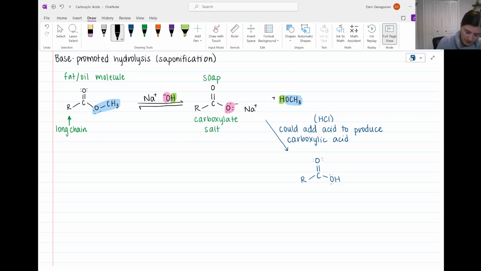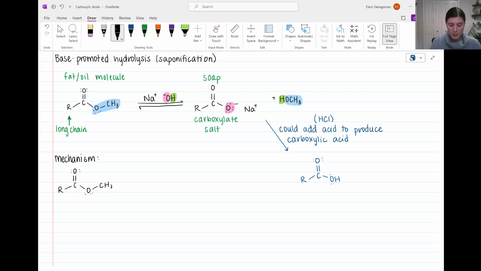So let's draw out the mechanism. Again, we're going to use an R just to represent that long carbon chain, and I'll show you an example of this after the mechanism. We'll use still that OCH3 group for the ester.